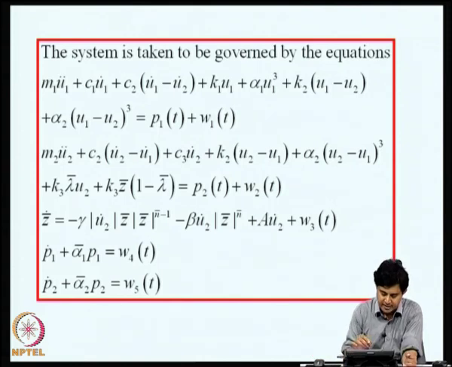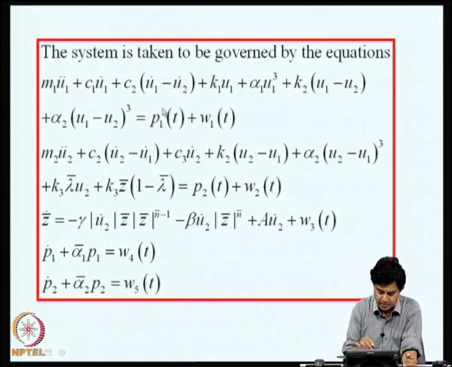So, the governing equation here for u1 and u2 can be written here. As you can see, K1 u1 plus alpha 1 u1 cube is the cubic stiffness, and K2 is again cubic stiffness, but for the term corresponding to K3 we introduce an internal variable z bar, which is taken to be governed by this equation.